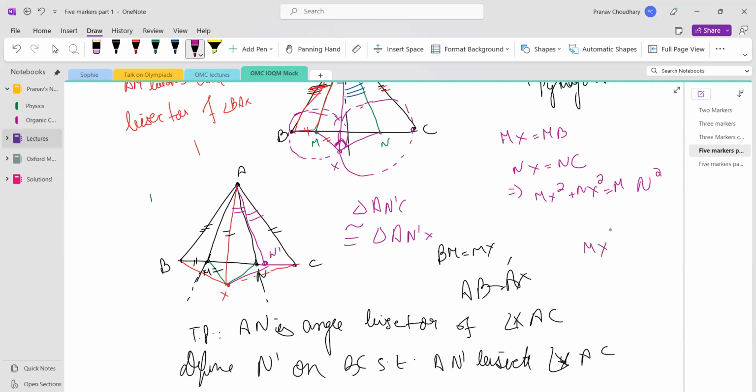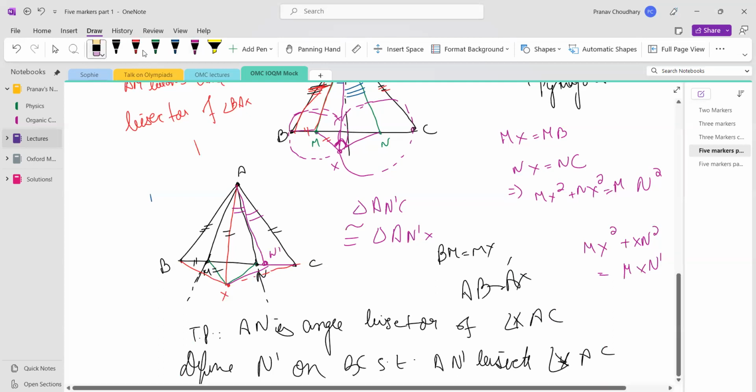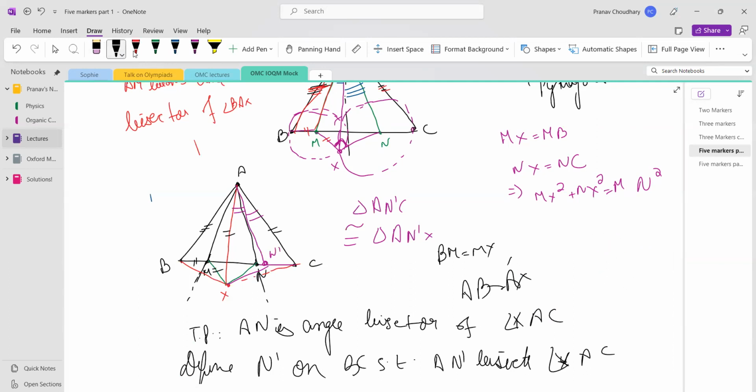So you get MX squared plus XN dash squared equals to MXN dash. Wait, sorry. What am I writing? No, no. Yeah. We don't have that.